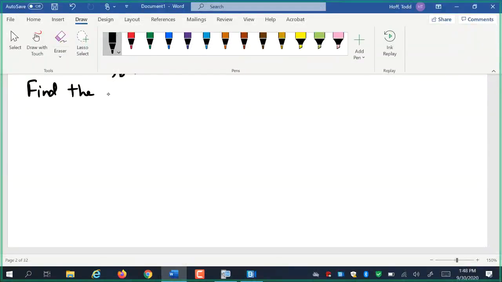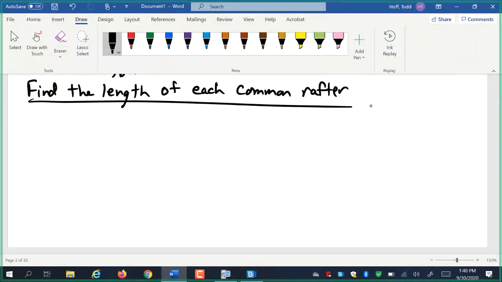In your notes, I want you to find the length of each common rafter. So for number 1, we have a slope of 6/12. So that's a slope of 6 is what you would read. And a run of 20 feet.